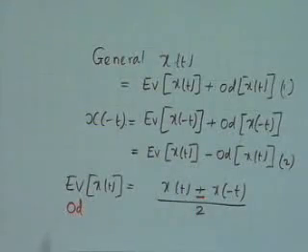So we know how to find in general the even part and the odd part of an arbitrary signal. All that you have to do is apply the transformation of folding, add the two, divide by 2 to get the even part; subtract x of minus t from x of t, divide by 2, you get the odd part.